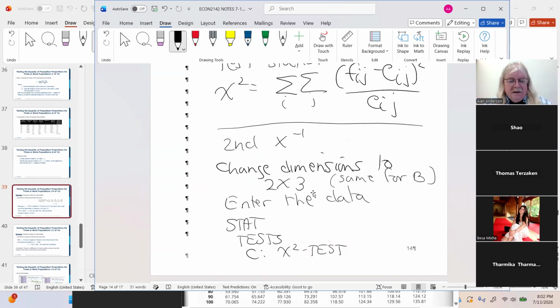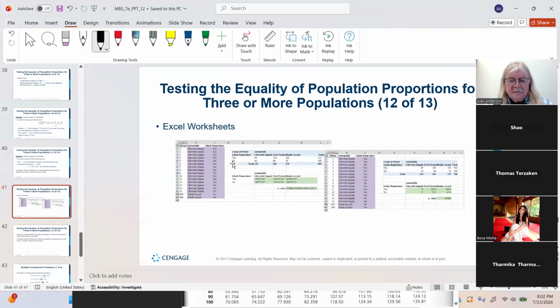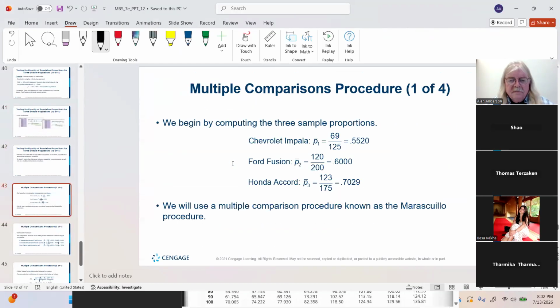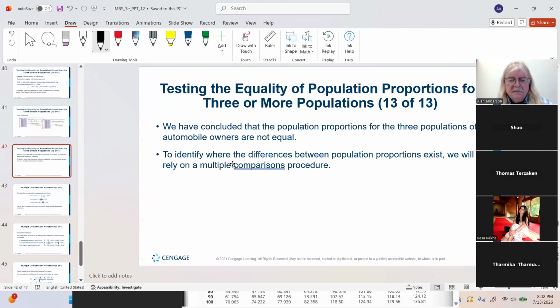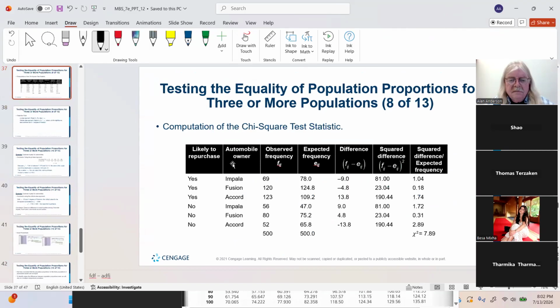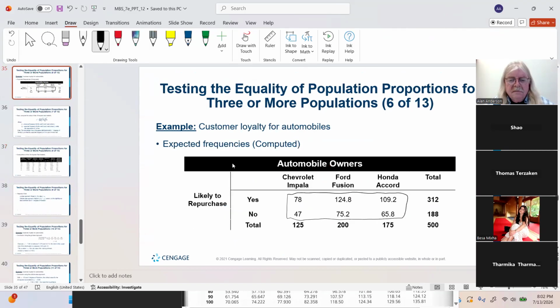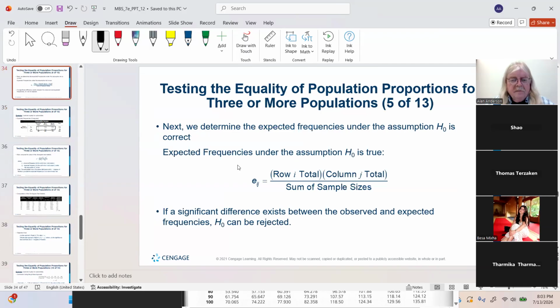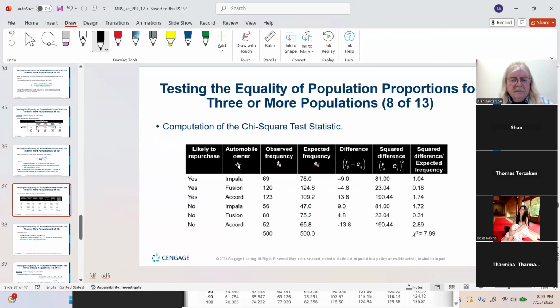I've never seen that before. The exact same setup as the last one, except the dimensions are different.